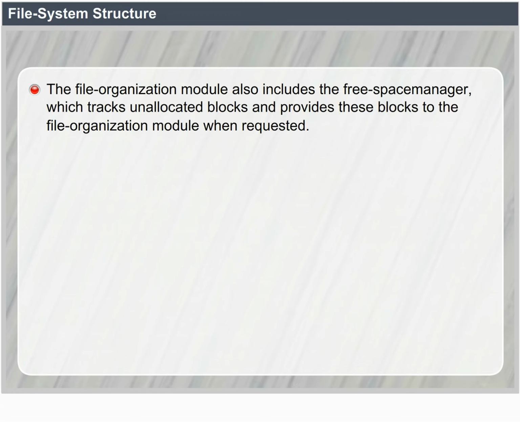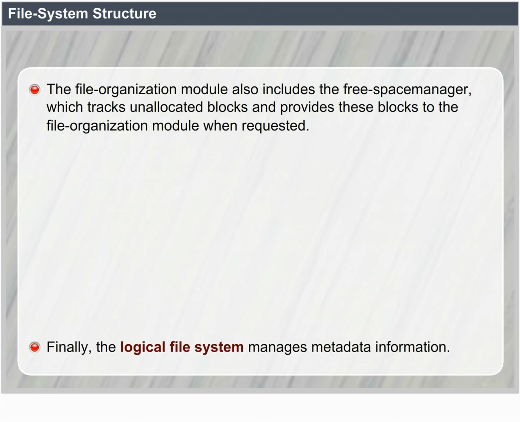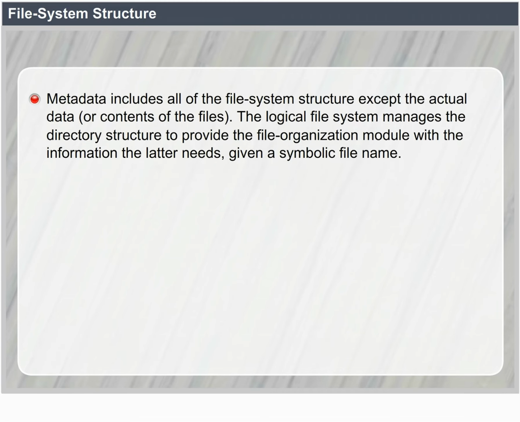Finally, the logical file system manages metadata information. Metadata includes all of the file system structure except the actual data or contents of the files. The logical file system manages the directory structure to provide the file organization module with the information the latter needs, given a symbolic file name.